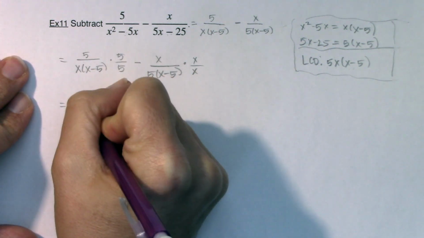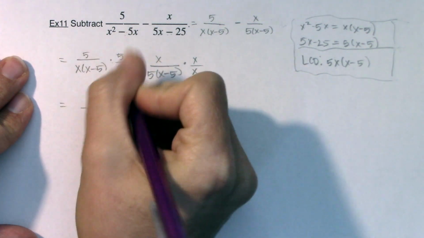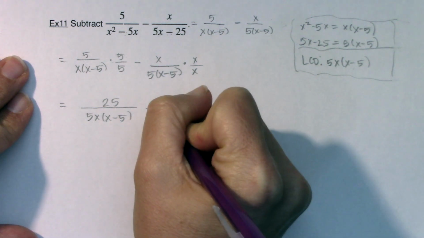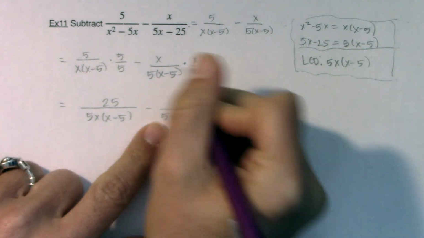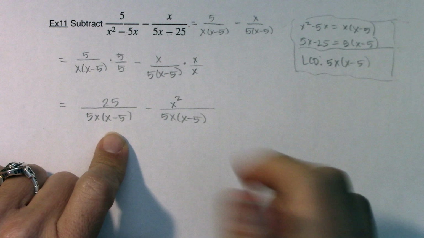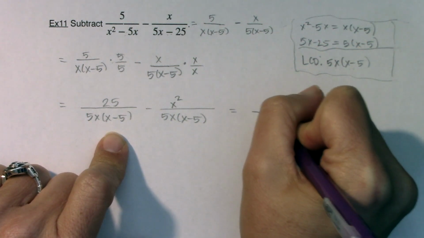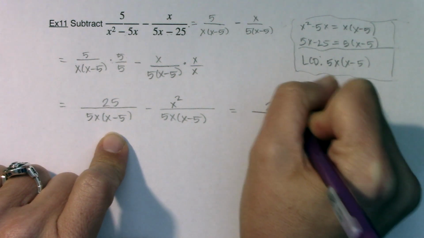My first fraction, I've got 5x times x minus 5 in the denominator, and 5 times 5 is going to be 25. My second fraction, I've got 5x times x minus 5, and I've got x squared up here. Now since I have common denominators, I can keep that common denominator and subtract the numerators.